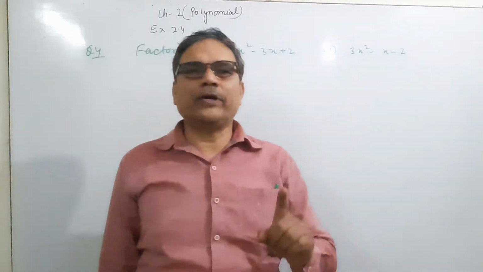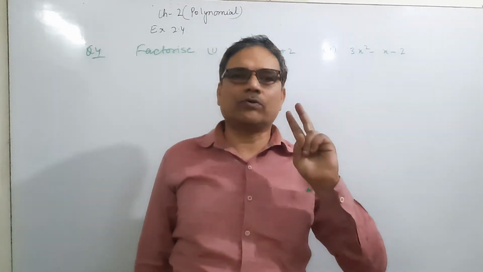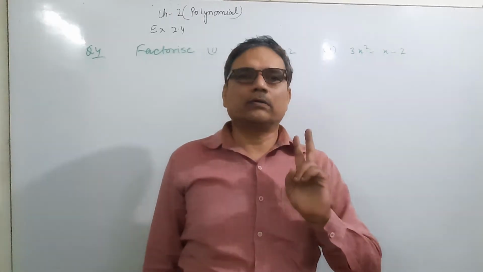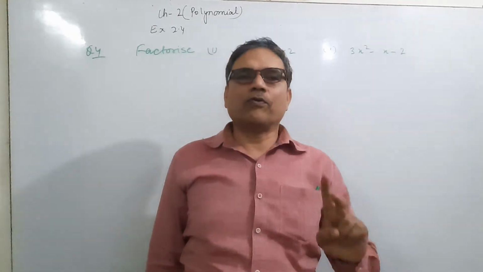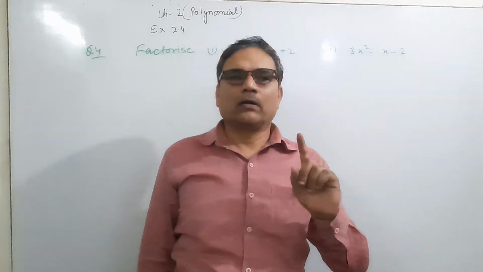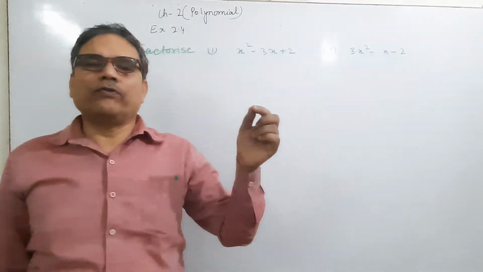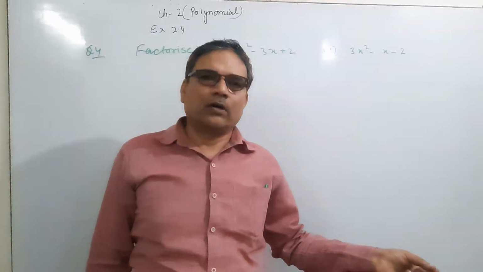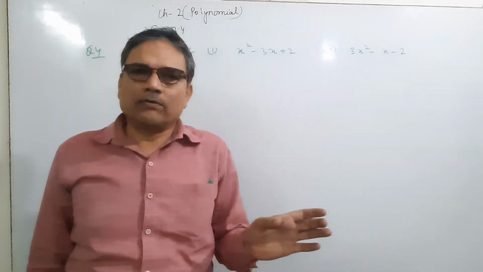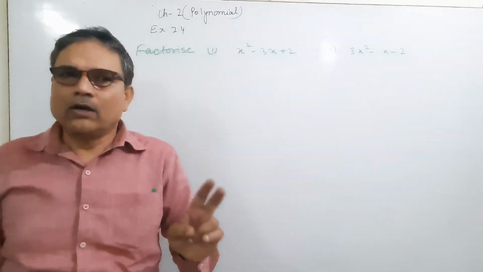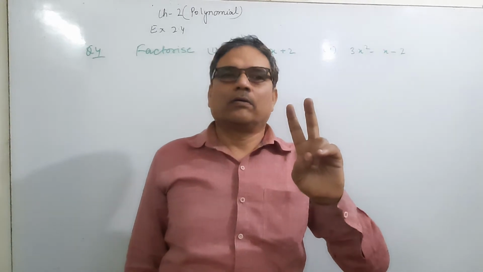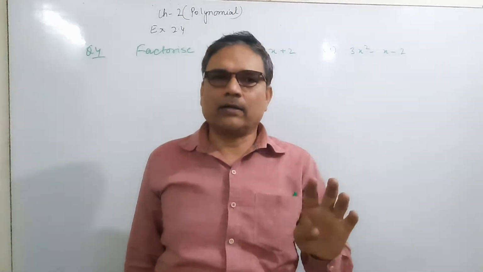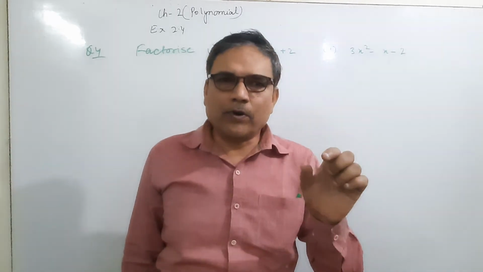Quadratic polynomial means the degree of the polynomial is equal to 2. If we express the factors of a quadratic polynomial in the form of linear polynomials, then it will have a maximum of 2 linear polynomials as factors.